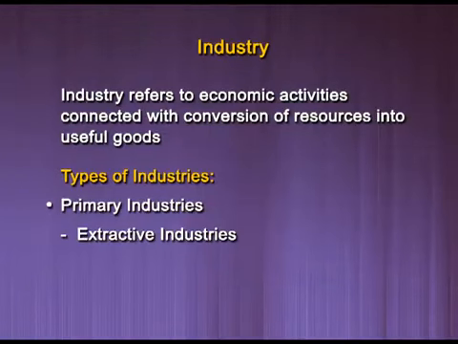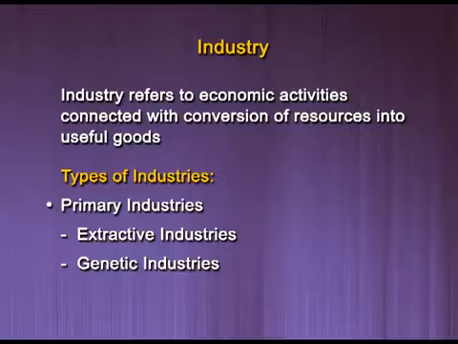For example, fishing, farming, etc. are the examples of extractive industries. The second type of primary industry is genetic industry. Genetic industry is connected with breeding of plants and animals for the further reproduction, like poultry farming.